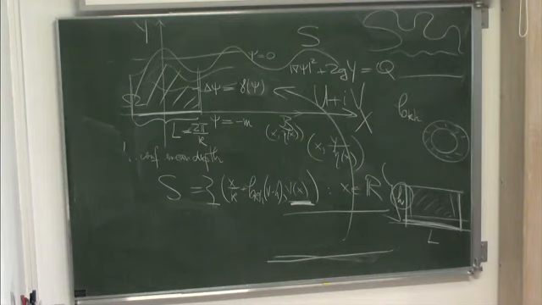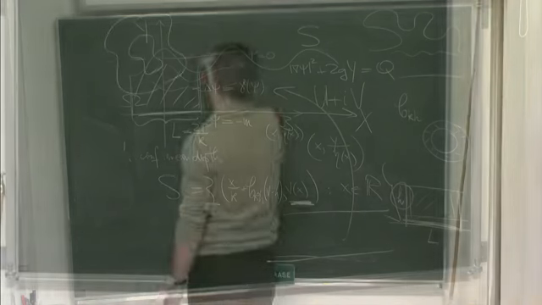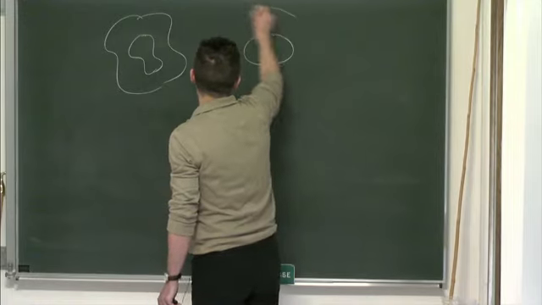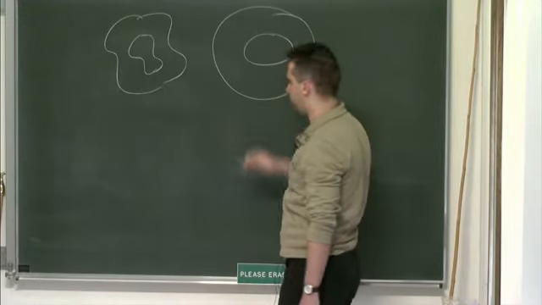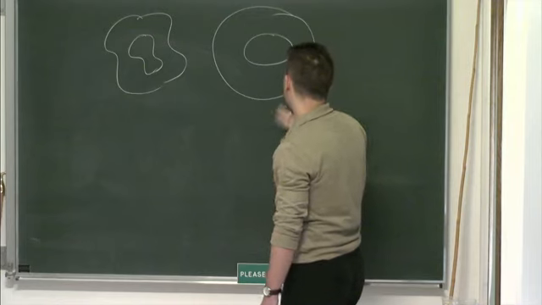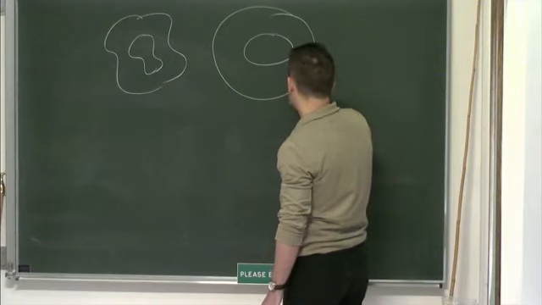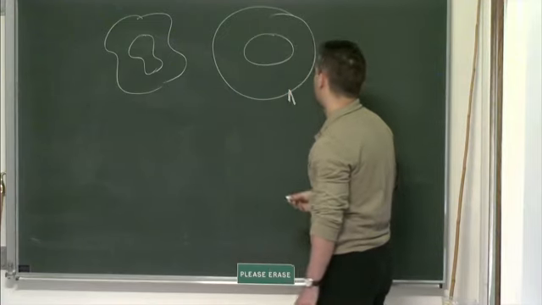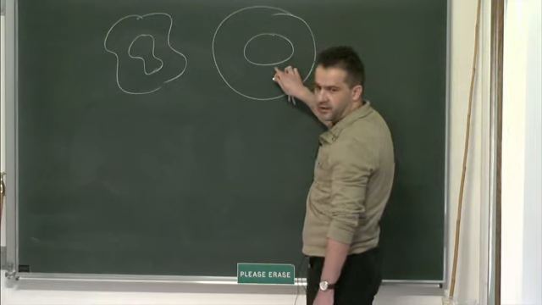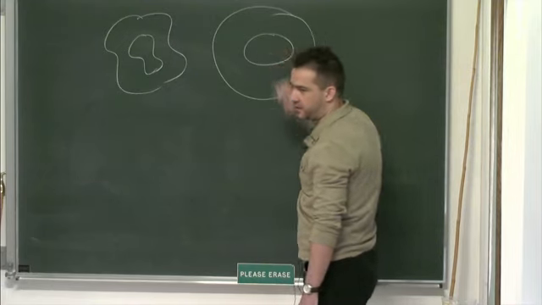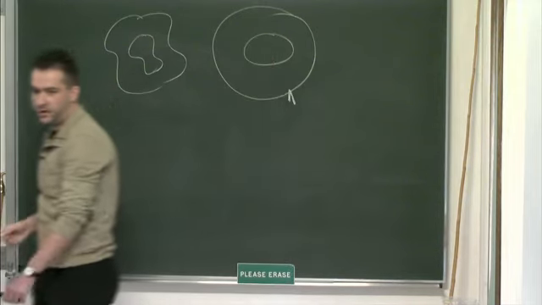So if there is a region like this, then there is a conformal mapping between this and an annulus. This can always be dilated, but if we choose the outer radius to be 1, then there is a unique value for the inner radius, which is called the conformal modulus.